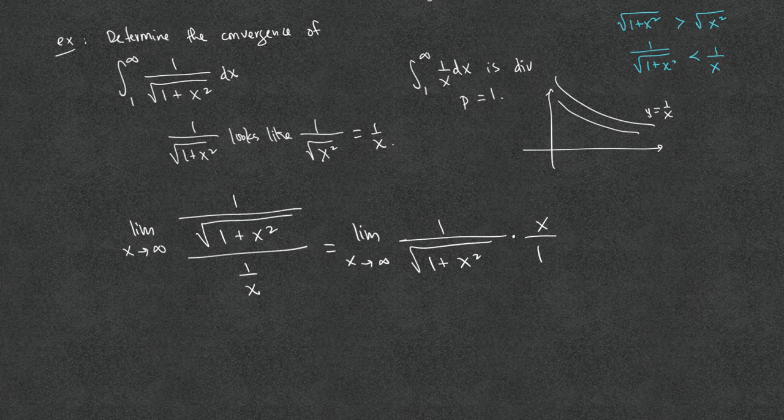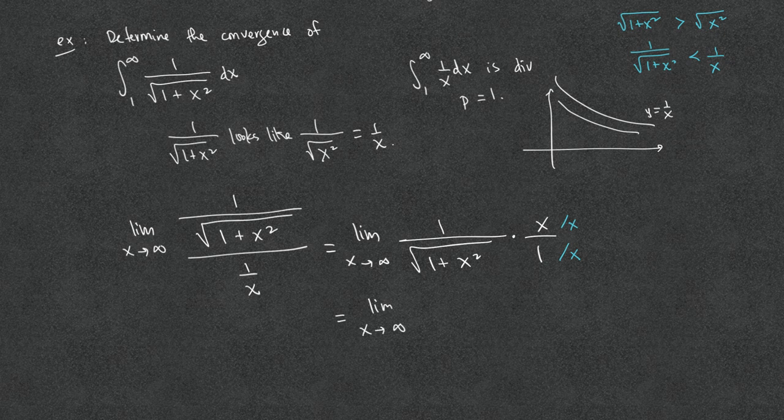We can just simply use the pre-calculus method to find this limit. That is, we divide the numerator and the denominator both by x. But in the denominator, the x inside the radical is x squared. Thus, this is the limit as x goes to infinity.